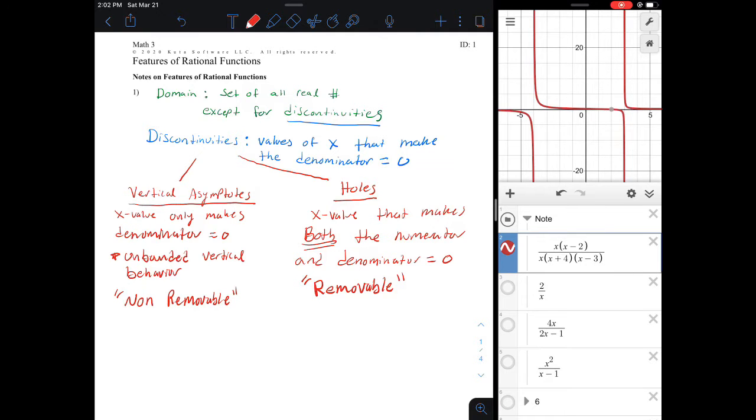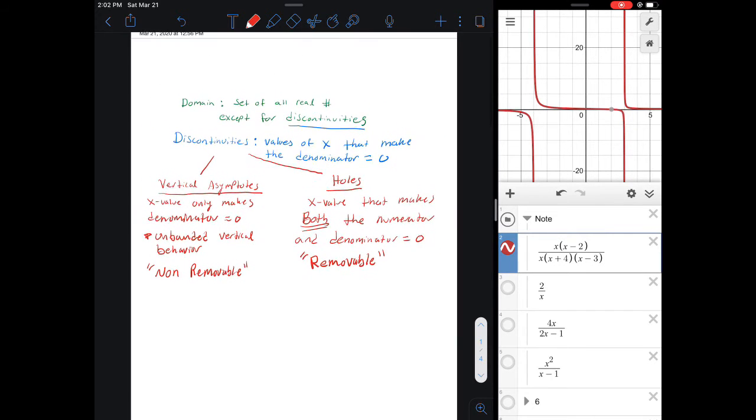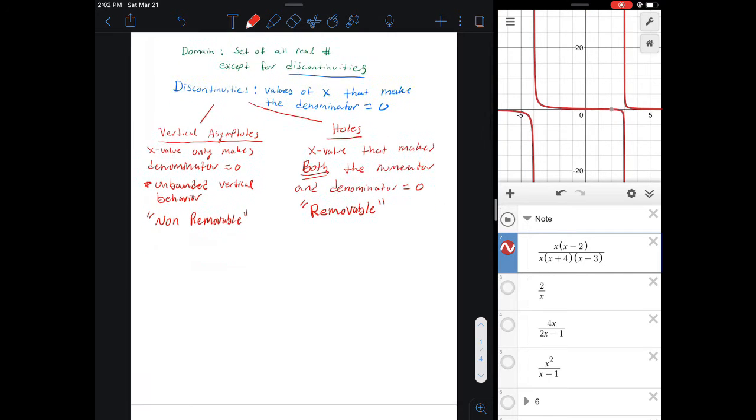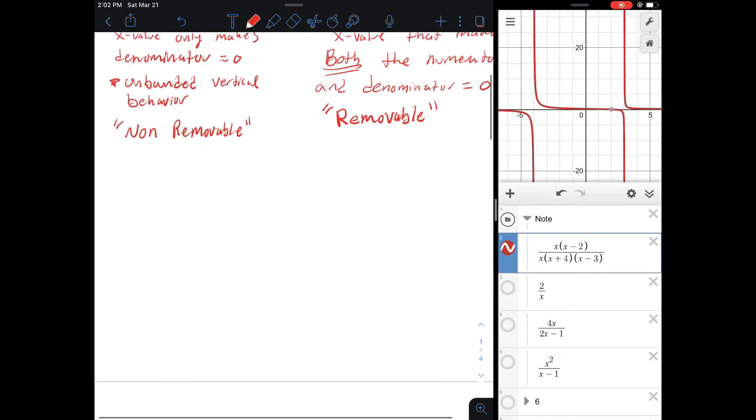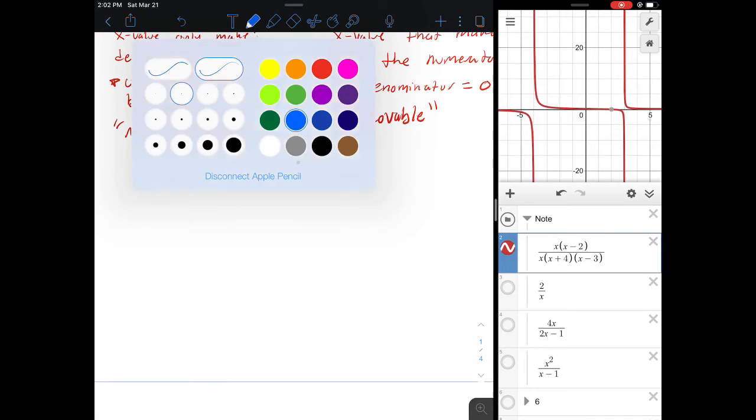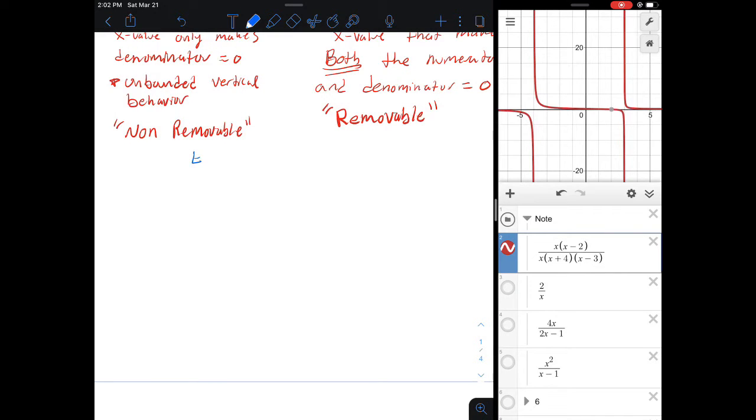Now, there's one more thing when it comes to rational functions that we'd want to look at, and that is the end behavior of rational functions.